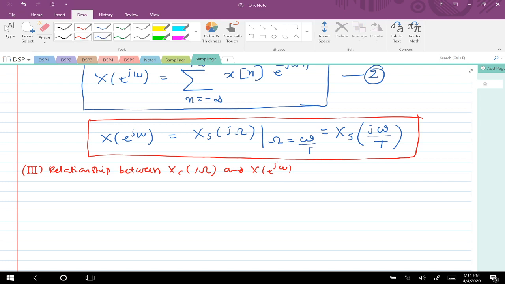Yes, I am just rewriting the earlier one. We already know that xs of j omega is equivalent to 1 by t times the sum over k varying from minus infinity to plus infinity of xc of j times omega minus k times omega s.